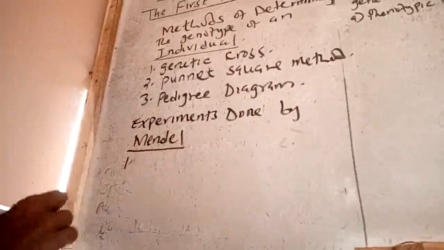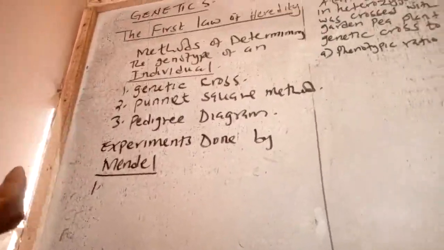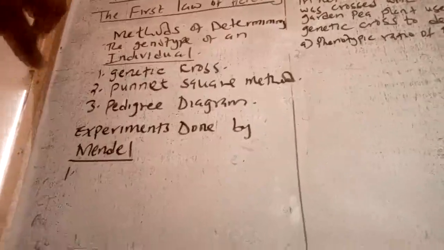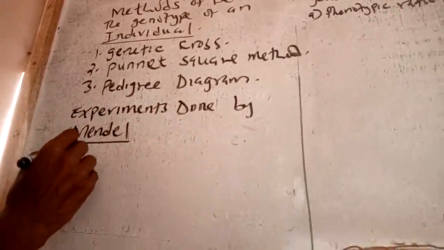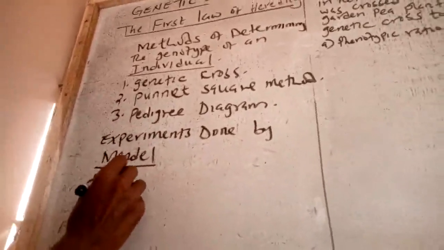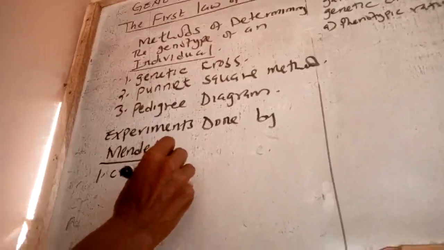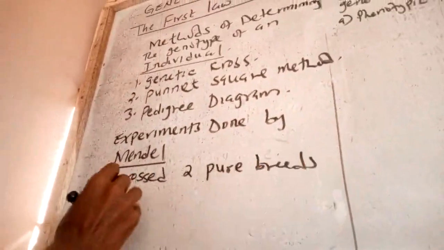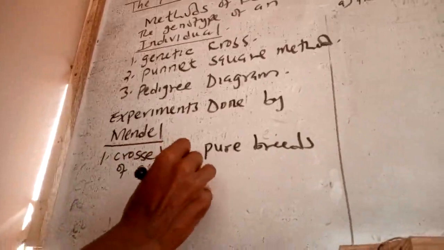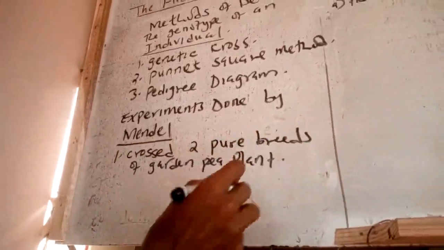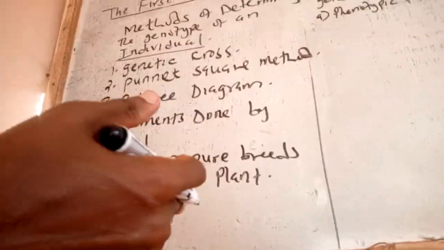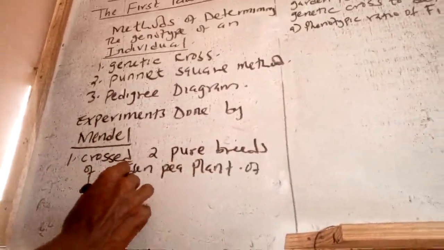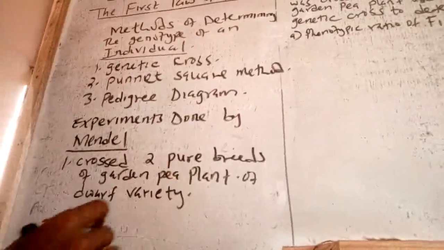The first experiment, he made a genetic cross between two dwarf garden pea plants, and therefore he crossed two pure breed garden pea plants of dwarf variety.